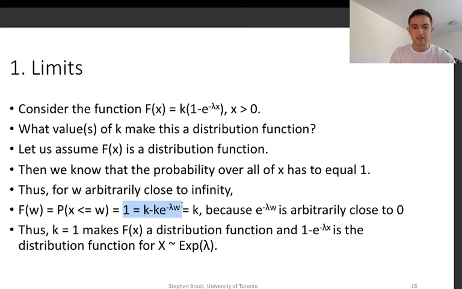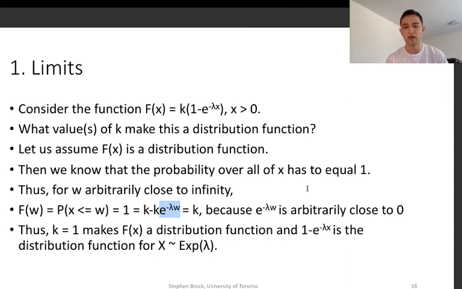So we know that this is going to be equal to k minus k times e to the negative lambda w, because we're given the distribution function right here. And this equals k because if we look at e to the power of negative lambda w, well, if w is approaching infinity, lambda is just a constant.